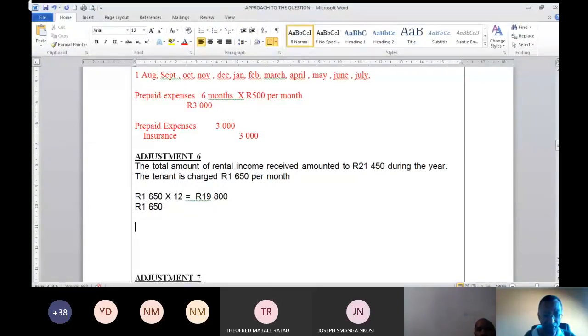That 1,650 that he paid extra, we call that income received in advance. He paid too much money. Income received in advance. And the income received in advance, 1 month extra, that is 1,650.